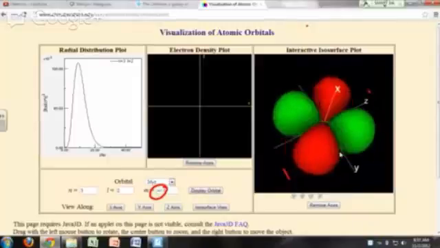So your x-axis is a node: the intersection of those two planes would be the x-axis. And one good way to remember this is that x doesn't show up in the name for dyz. So the intersection of the two planes is the x-axis.